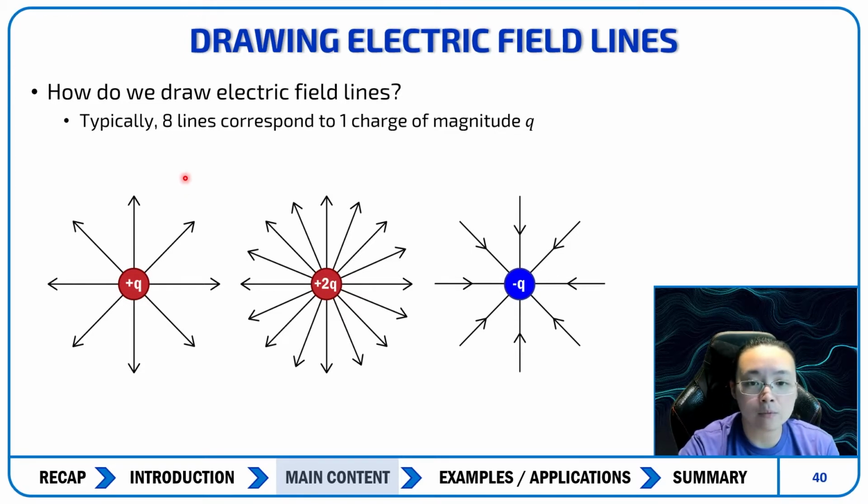In that case, we always have a positive one. And if we bring a positive charge in, it's going to experience a repelling force. So that's why these arrows are going out. Now, if I bring in a positive test charge to a negative charge here, then there's going to be an attractive force, which is why the electric field lines are pointing inwards. So hopefully that helps with the explanation of why the field lines go out and in.